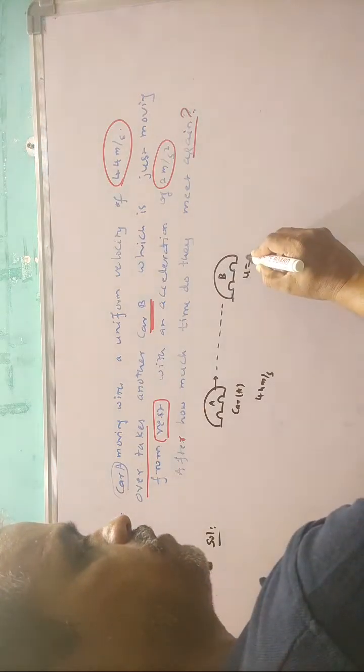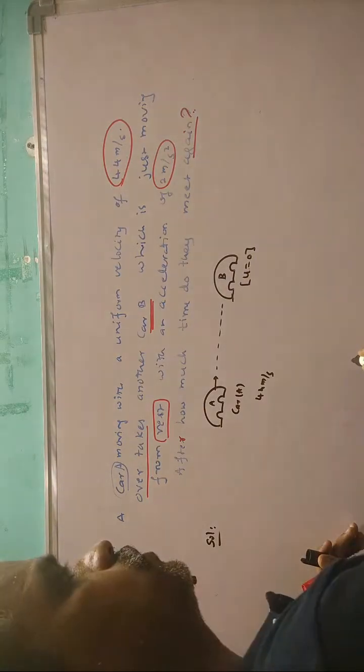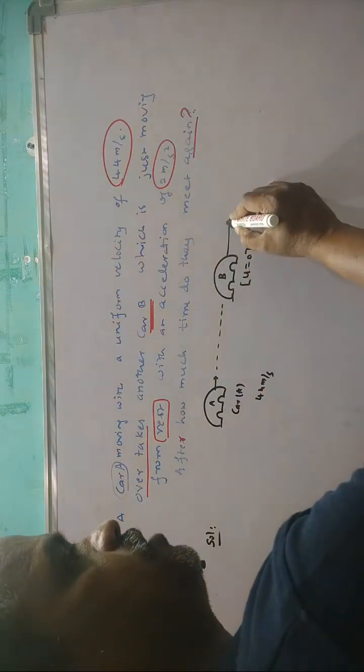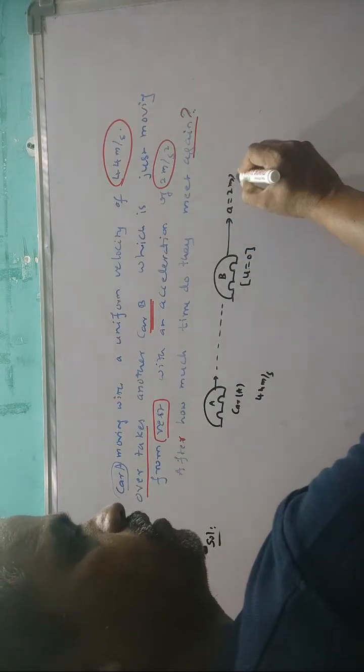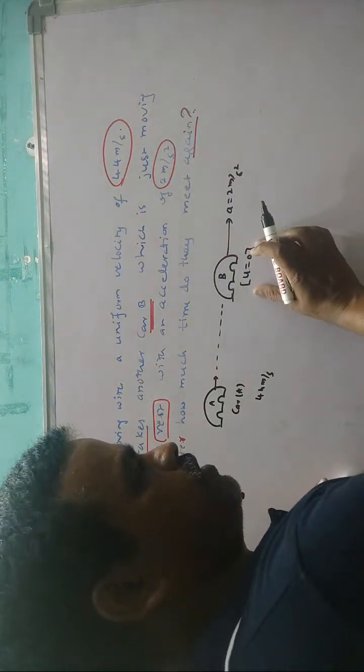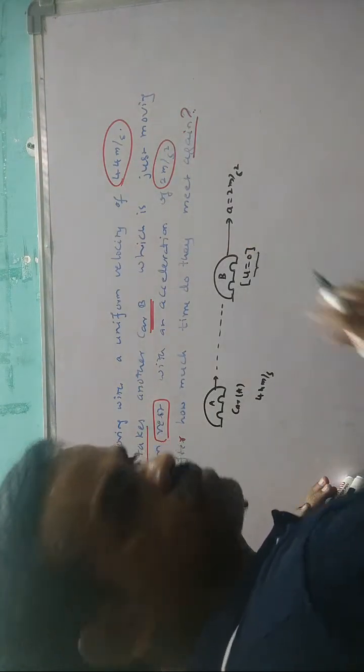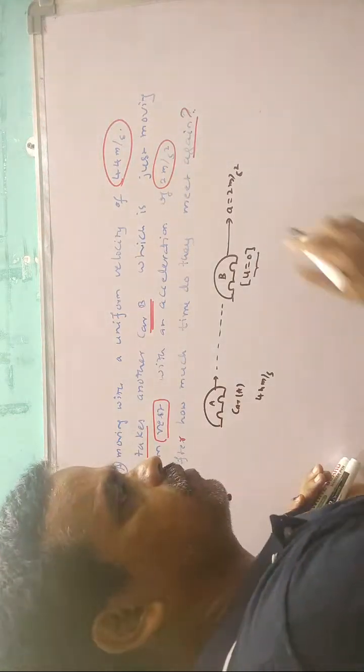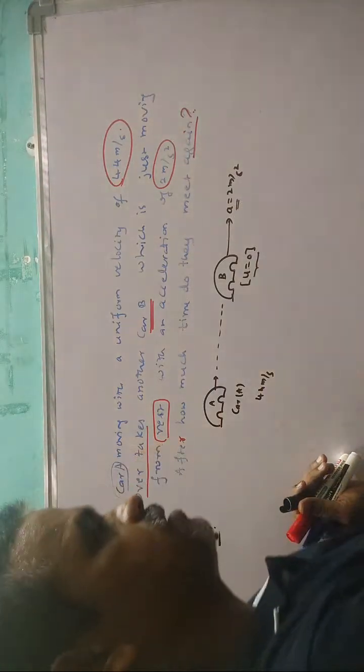For this car, initial velocity is 0. With an acceleration, it is moving a equal to 2 meter per second square. See, car B is moving with initial velocity 0 and moving with 2 meter per second square acceleration.